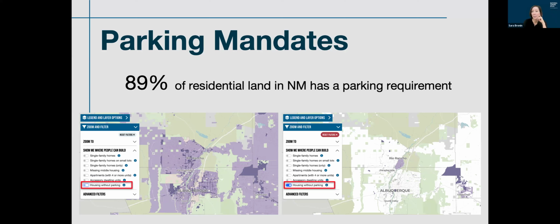And you see it's actually just a very small amount of land in the region that would allow somebody to build a single family home, 2, 3, 4 family, depending on what's allowed in those particular areas, without a parking mandate. That's another thing that we've seen state governments look at, and might be something worth considering, especially when you see these onerous requirements in large metro areas like Albuquerque.